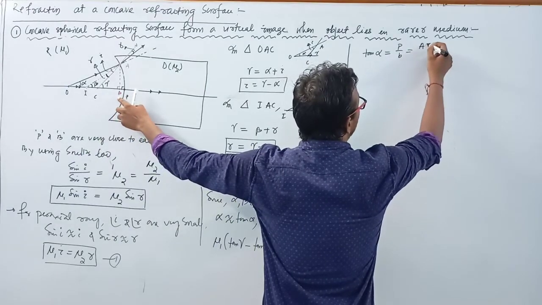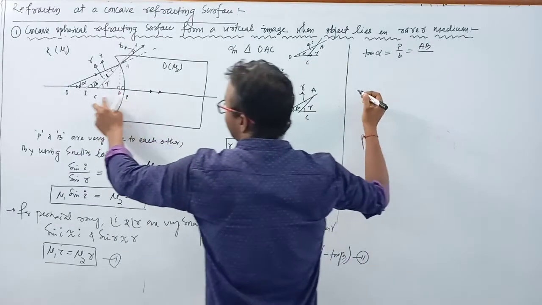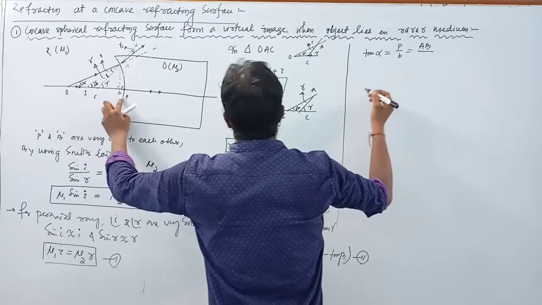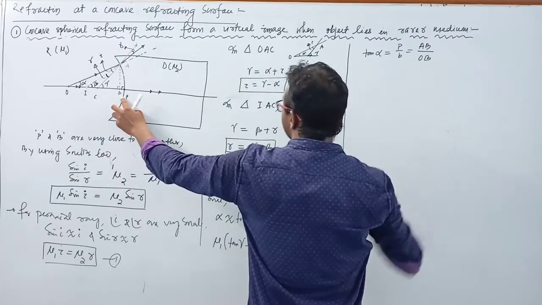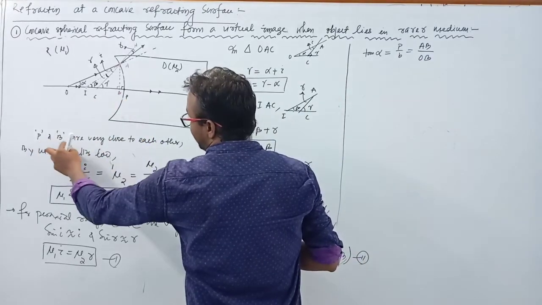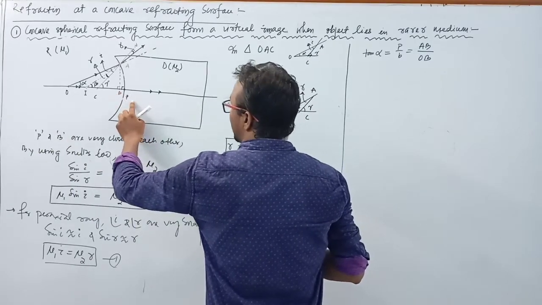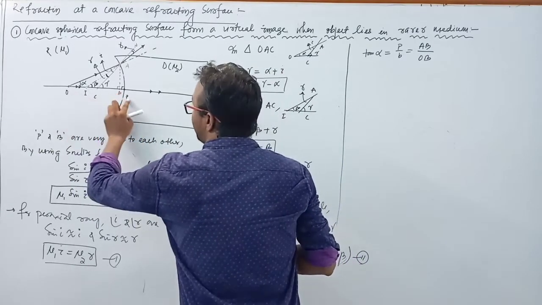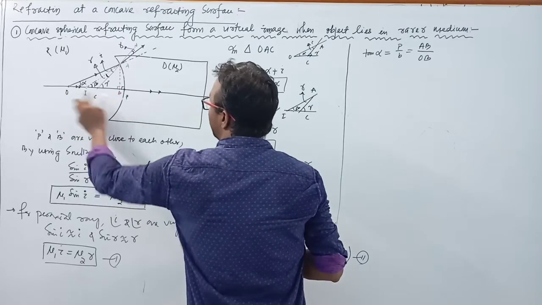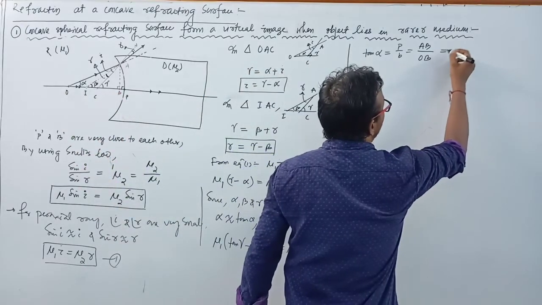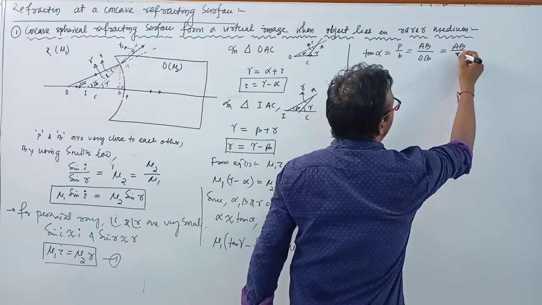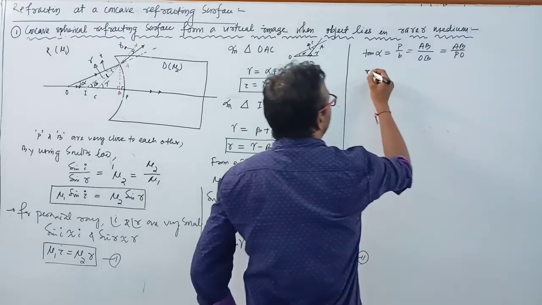So tan alpha equals AB divided by base, and the base is OB. But the points P and B are very close to each other, so you can replace B in terms of P, and you can write OP, that is PO. So you can write this term as AB divided by PO.